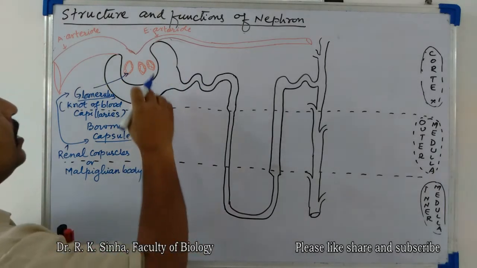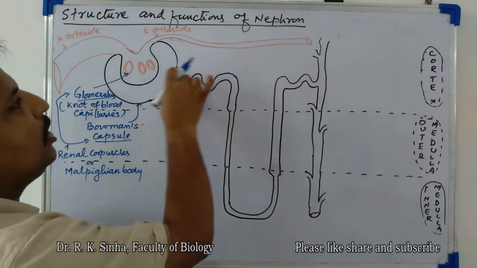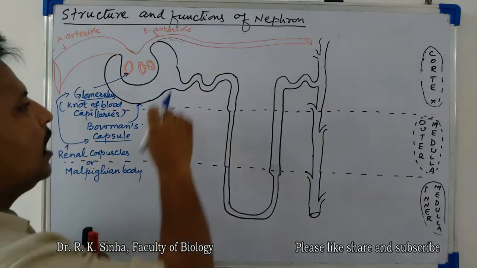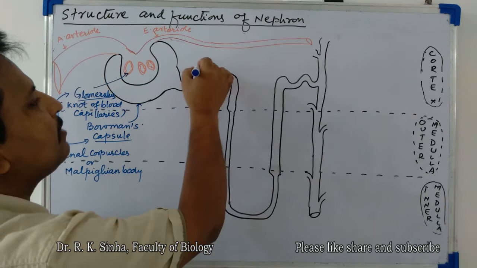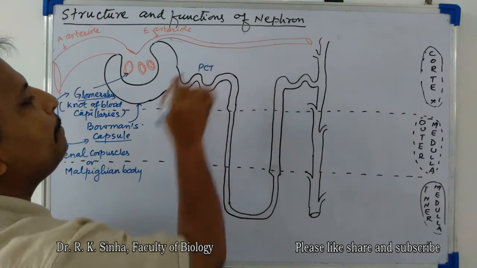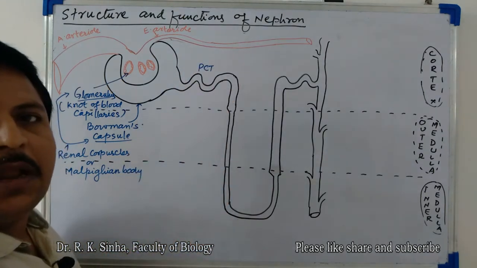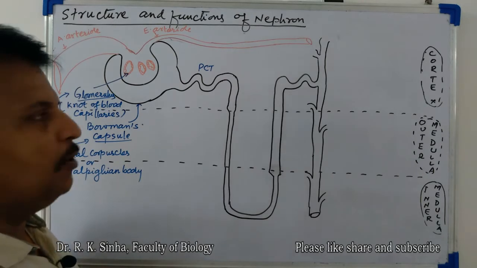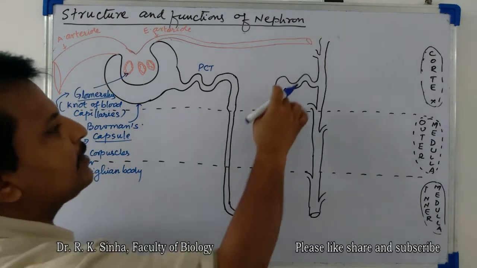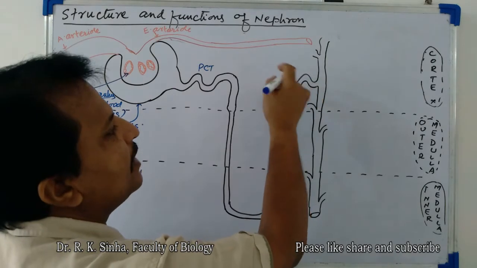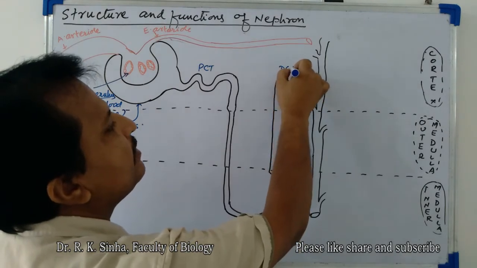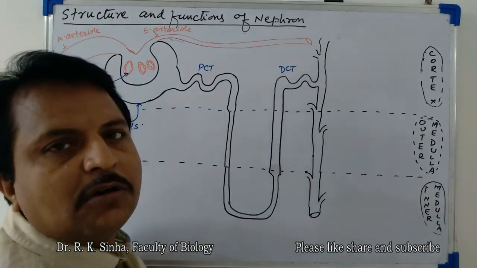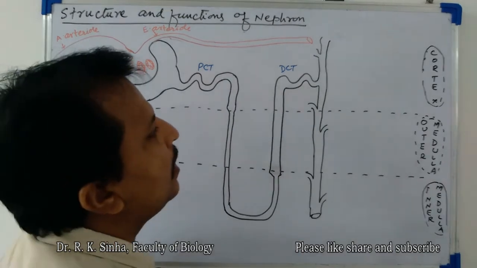The other section of this kidney tubule, meaning the other part of this nephron, is the PCT, proximal convoluted tubule, and this convoluted tubule of the nephron is the DCT, distal convoluted tubule.